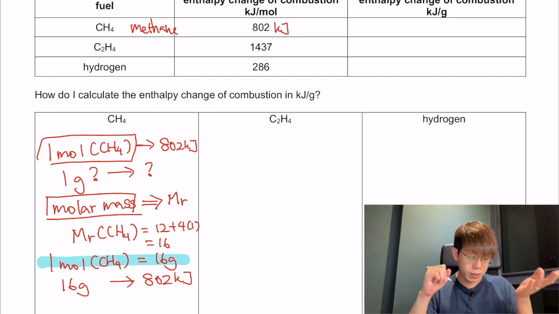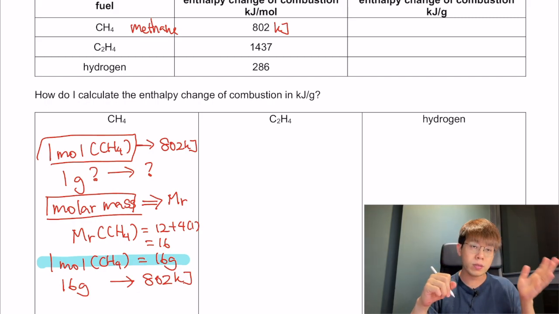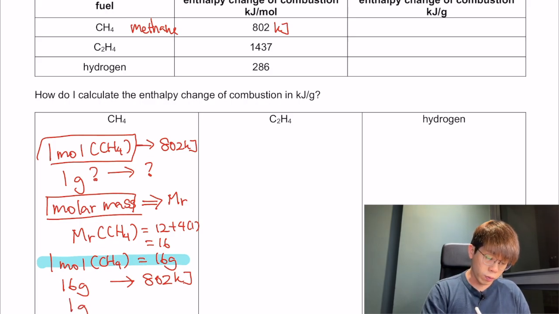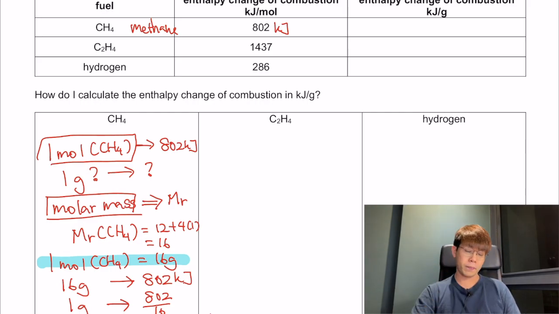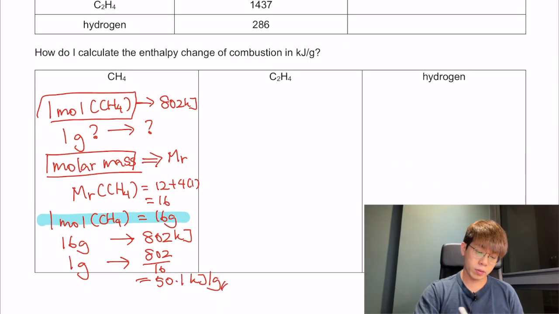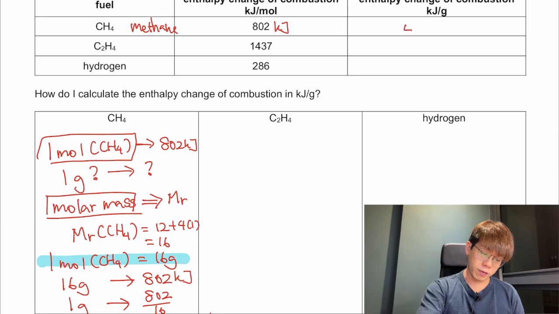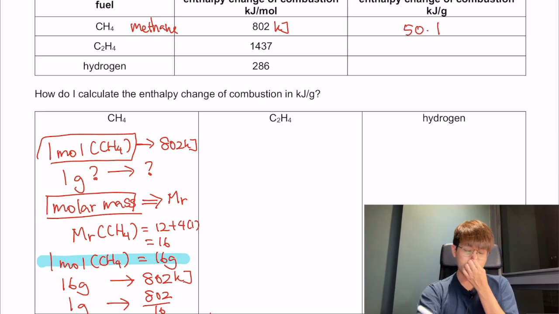And if I know 16 grams will produce 802 kilojoules, 1 gram will produce 802 divided by 16. It will be 50.1 kilojoules per gram. Alright? Okay, so that is 50.1 kilojoules per gram.